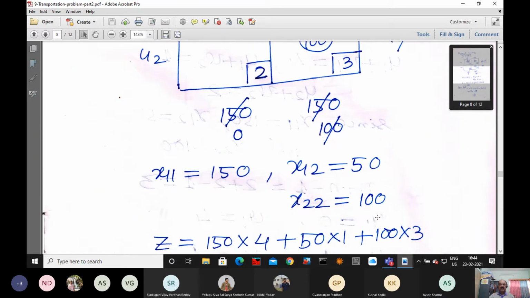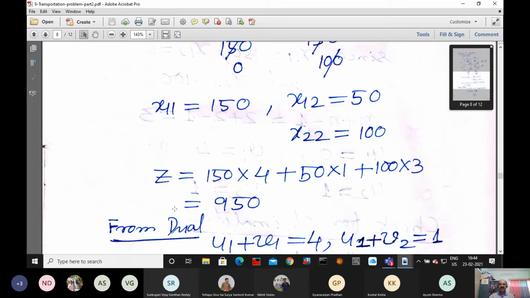So this value is coming as altogether 950. We like to minimize the transportation cost. So the present value is 950. Whether it is minimum or not, we are not sure. We are going to check.